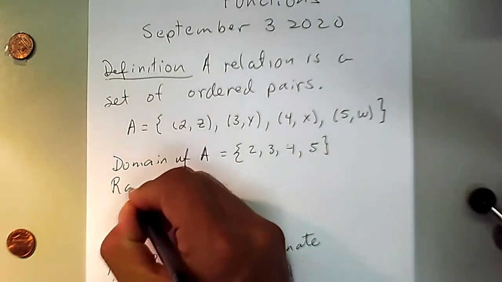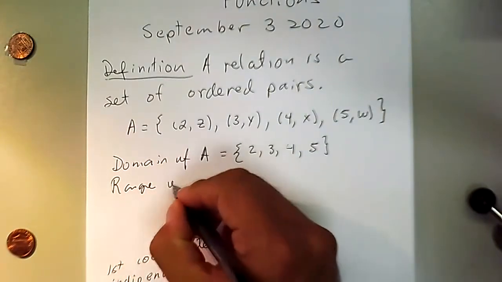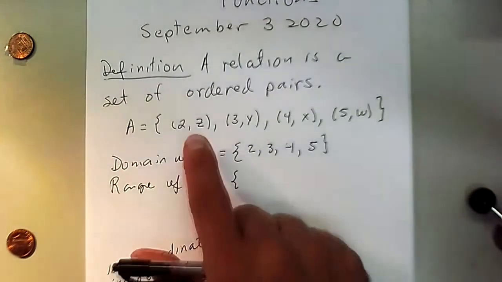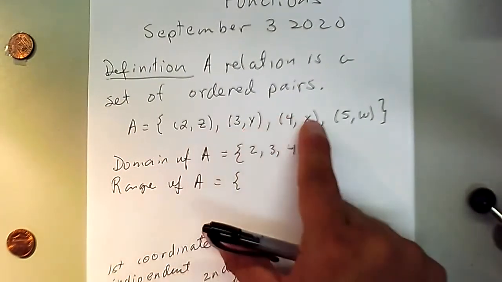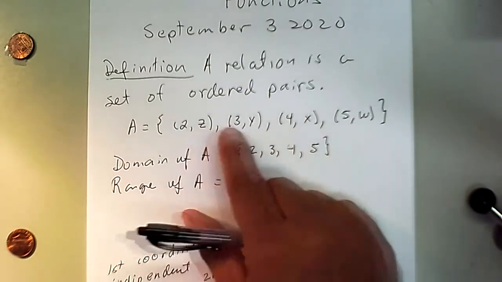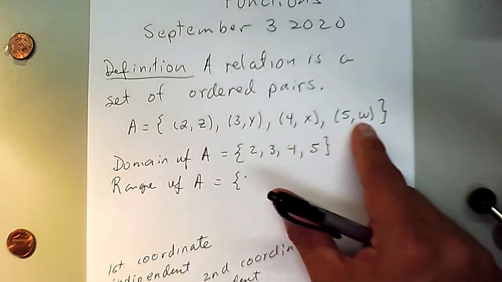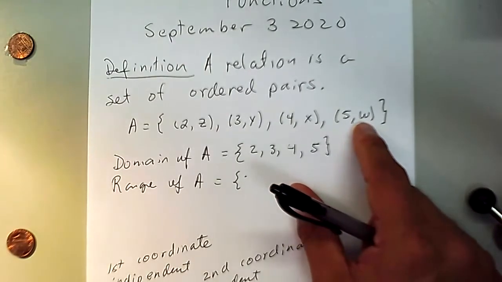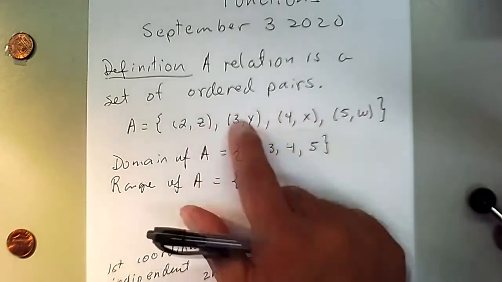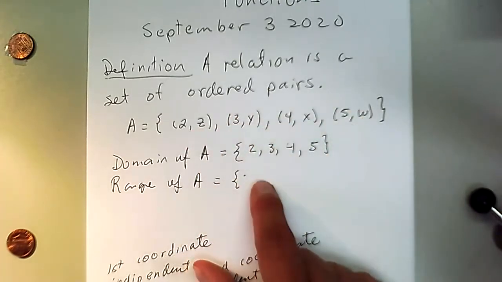The range of A is the set of, as you would guess, all the outputs. So second coordinates. We don't have to put them in the same order, especially since we have an alphabet order for the letters. We can start with W. So the order in which they're written here does not matter.